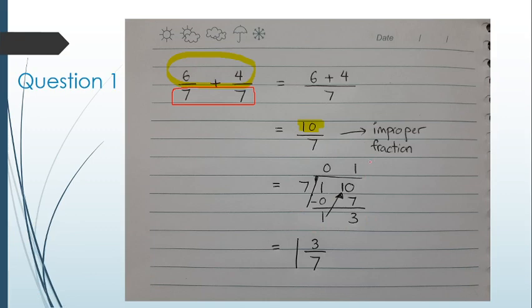If you divide it, you will get quotient and remainder. Quotient, hasil bahagi, will be the whole number. Remainder, baki, will be the numerator, and look here, the denominator is still the same, no changes from the start of the question until the end, still 7. Alright, so this is the final answer, 1 3/7.